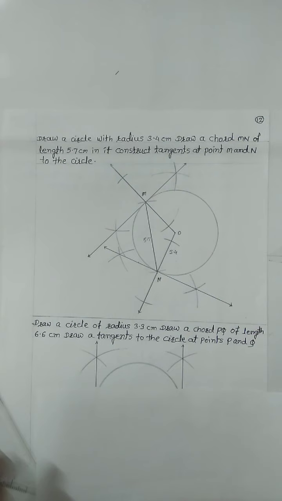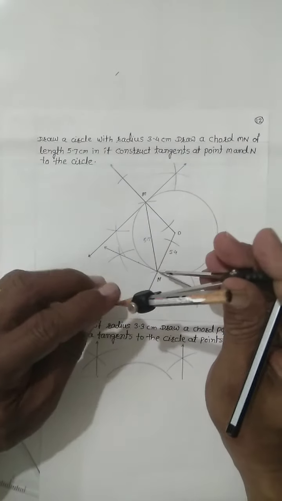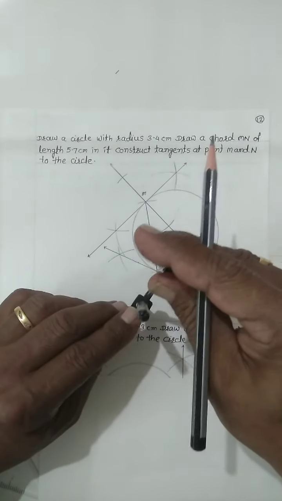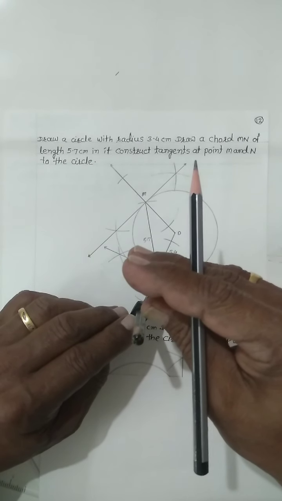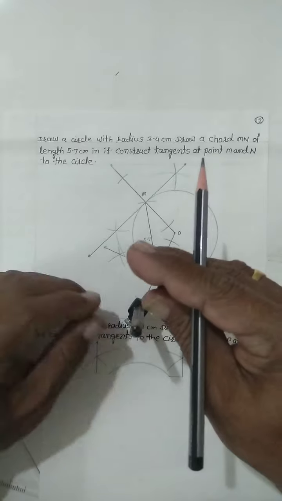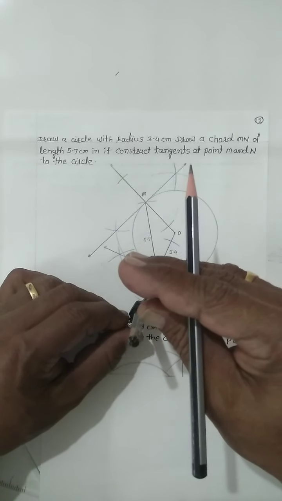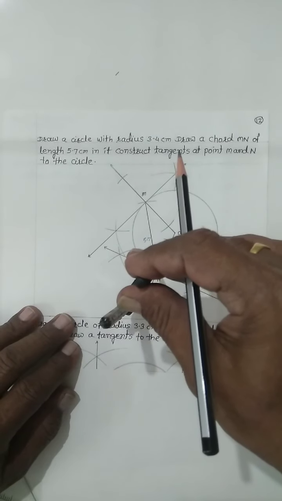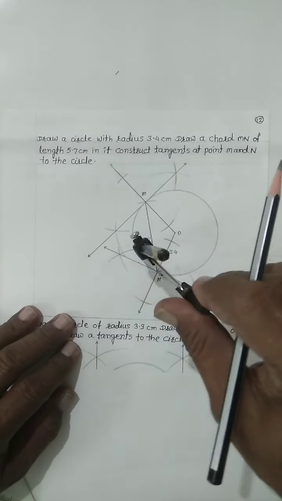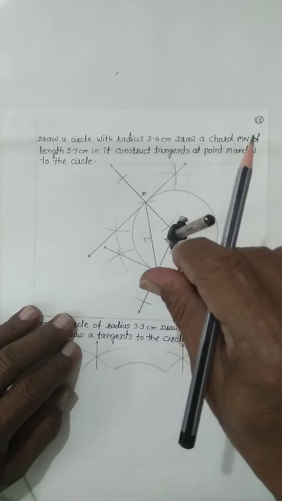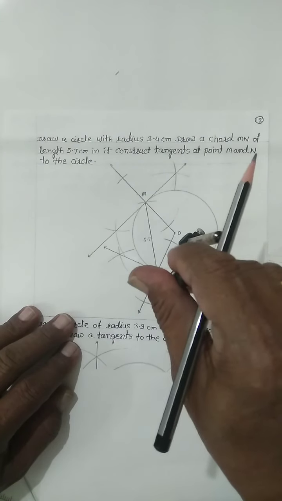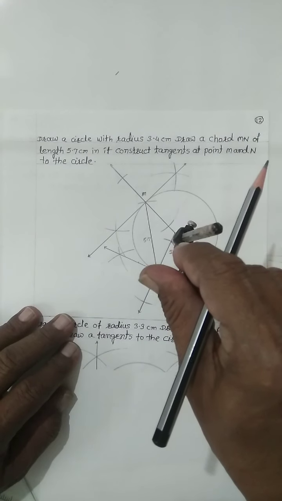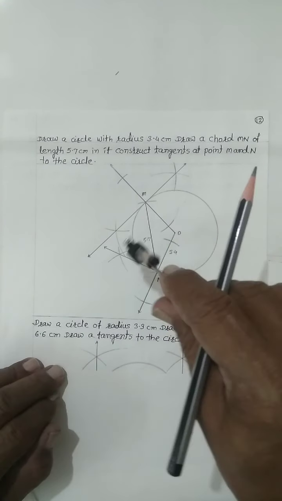Now take some distance between the two terminals of the compass and put one terminal at point N and draw two arcs on this ray, on the opposite side of the point N. In this way we draw the two arcs inside the circle which intersect the ray ON.